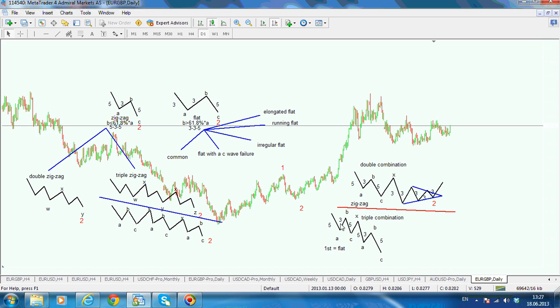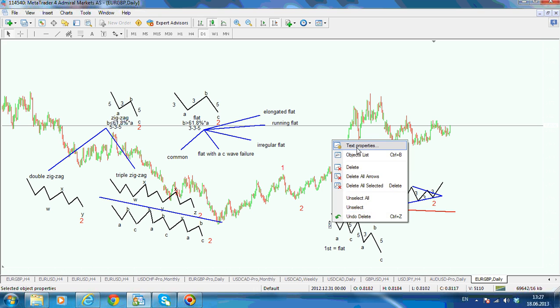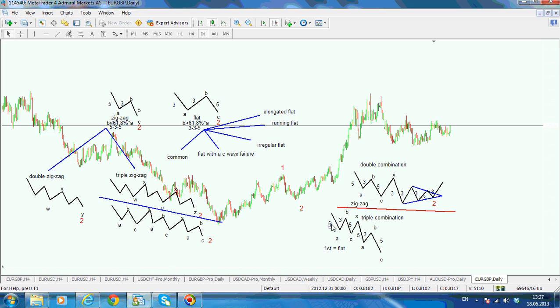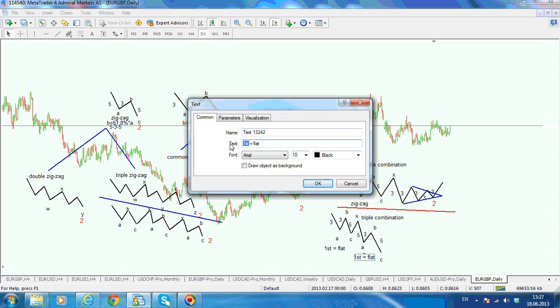For a zigzag, yeah, well, if this is a flat, then this should be a 3. So A, B, C as a flat, X, A, B, C as a zigzag. So the second correction here is a zigzag.